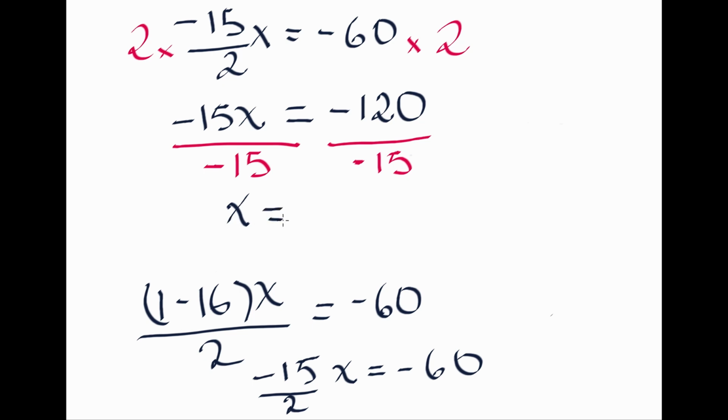So we just write x, we don't need to write the 1. And then negative 120 divided by negative 15. First of all, negative divided by negative is positive. And then 120 divided by 15 is 8. So this is the answer we have for that equation.